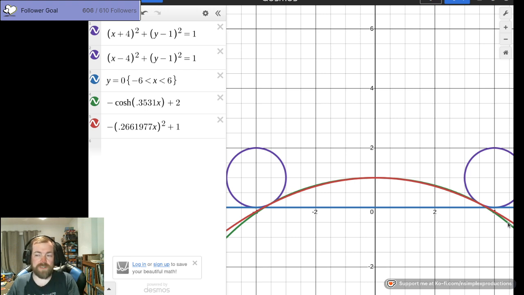Okay, so green is real easy to do when you actually make it. Red, the parabola, is actually not all that easy to make. You really should know where your focus and directrix are, and then you can figure out the equidistant point to the directrix.